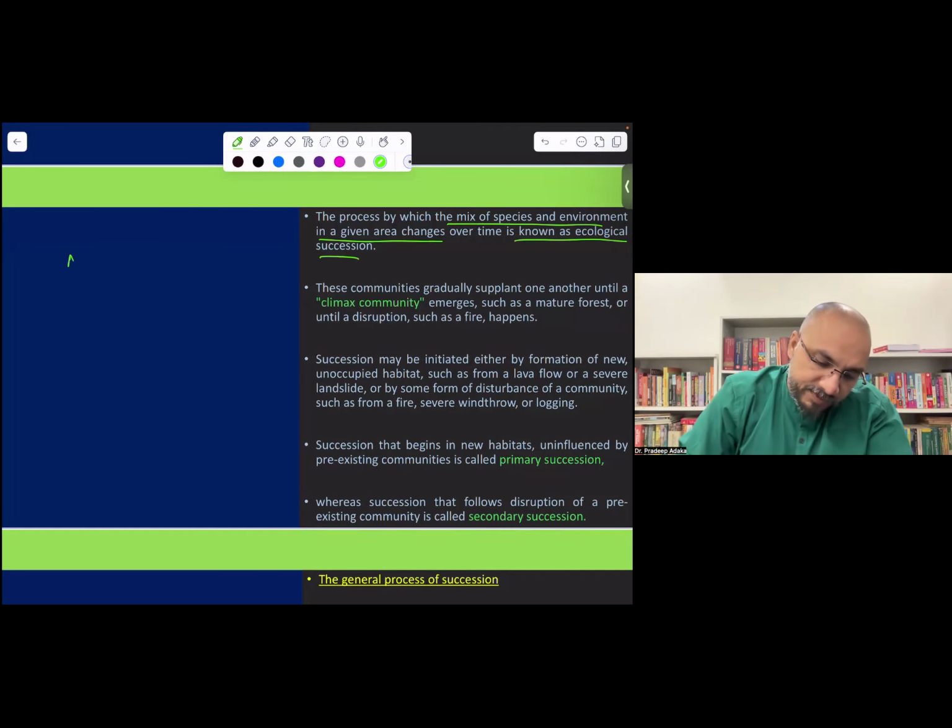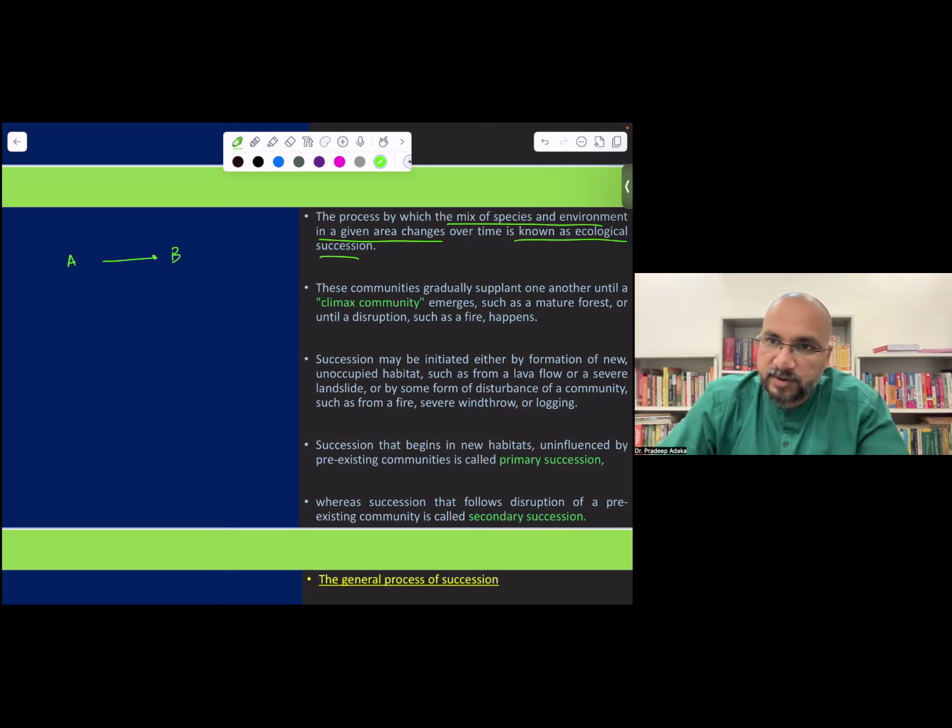So this species A is having an effect on the environment, and the environment is also having an effect on A. Slowly the environment changes, which becomes very difficult for A to survive. So the environment has changed to a certain extent that A cannot survive, and it will be taken over by another species for which the environment is very congenial.